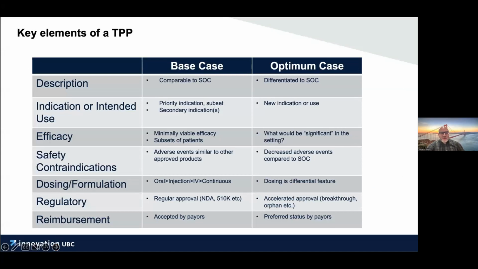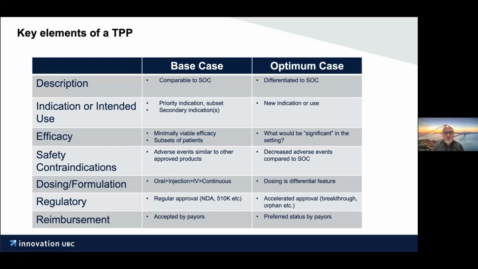So the key elements of a target product profile: the description, what the product is. In your case, the folks on this call, it would be, we're a nanomedicine that uses X to target a disease. What's the priority indication? What are the secondary indications? Some of you on this call, I hope, have been part of the COVID vaccine, so we'll go into what a TPP looks like for those.